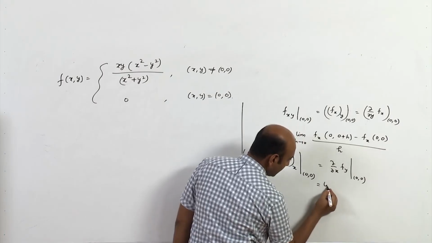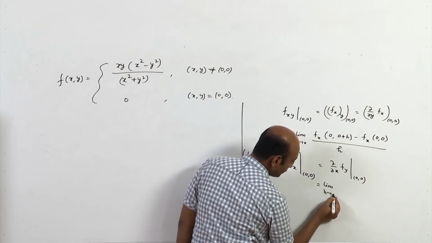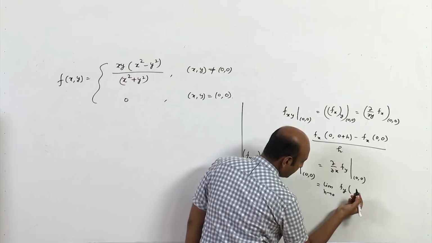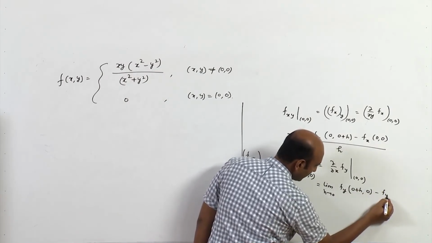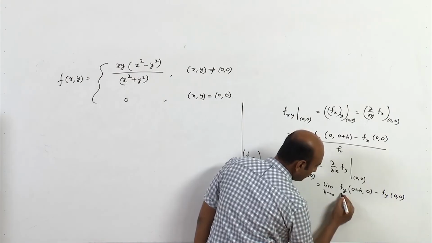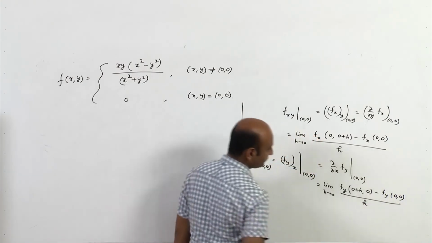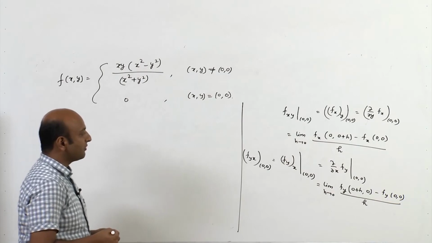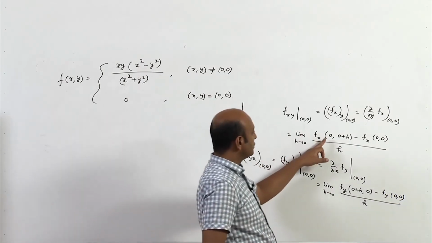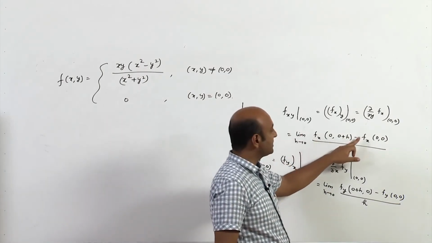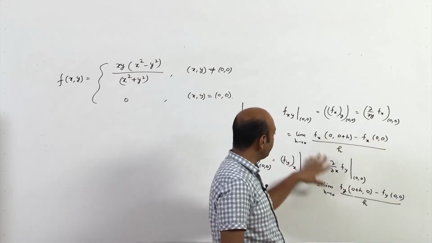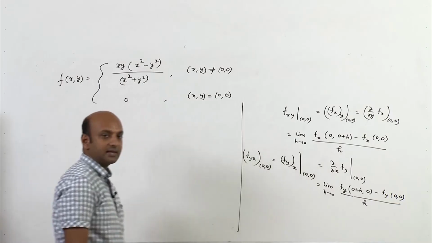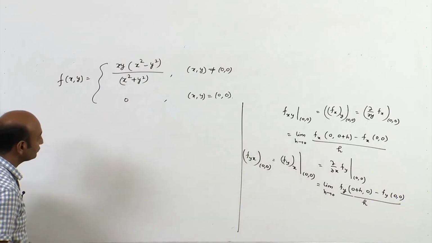That means it is the limit h tending to 0 of f y at (h, 0) minus f y at (0, 0), whole divided by h. So, first we will compute f x at (0, h), f x at (0, 0) and f y at these, then we can compute f x y or f y x at (0, 0).